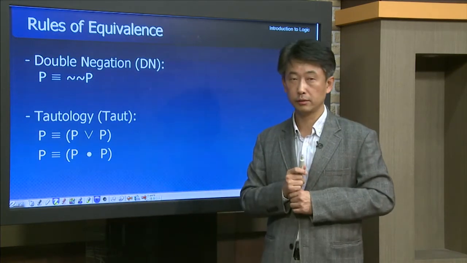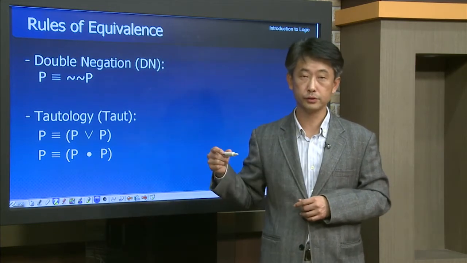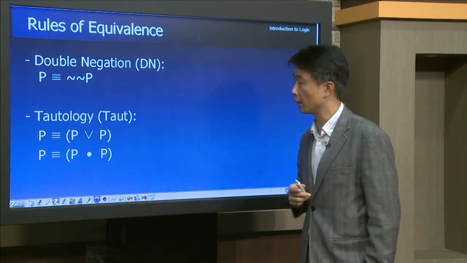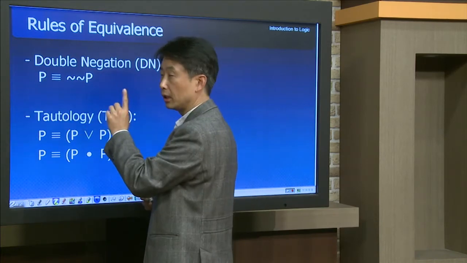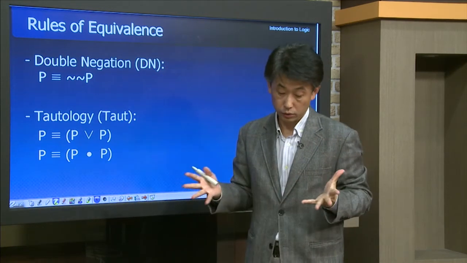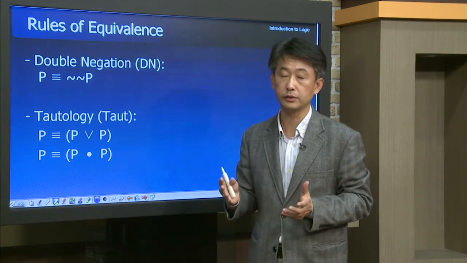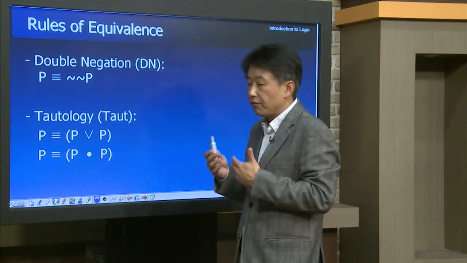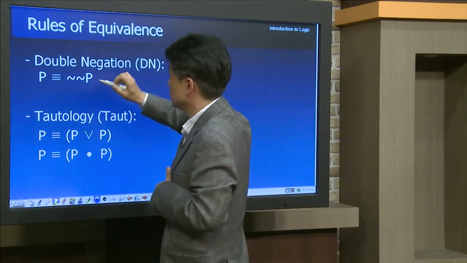In contrast, rules of equivalence go both ways. For example, double negation is a rule of equivalence. It says P is logically equivalent to not not P. Again, it's obvious: to say P is saying the same thing as saying it is not the case that not P. The difference between rules of inference and rules of equivalence is that rules of equivalence go both ways.